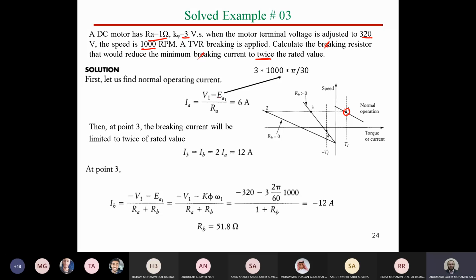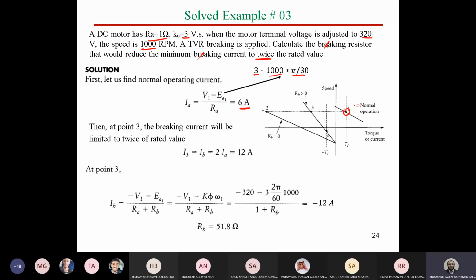EMF can be calculated as Ka phi multiplied by speed, multiplied by pi over 30 because this is speed in RPM. So this is the value of Ka phi, divided by the value of Ra, which is given as 1 ohm. So simply you can get the armature current. This is now the armature current at motoring mode, point number 1.